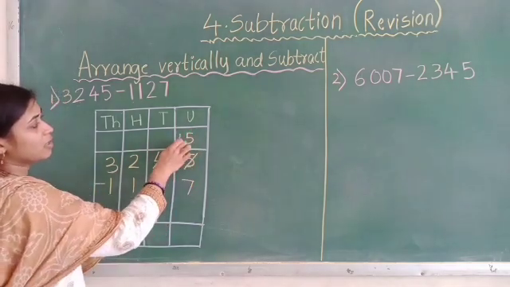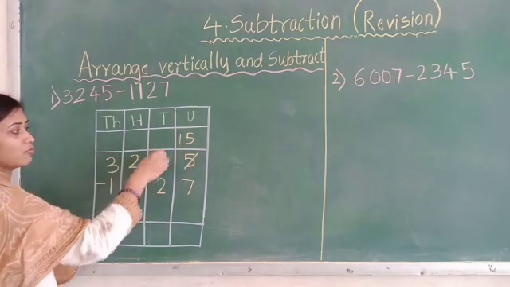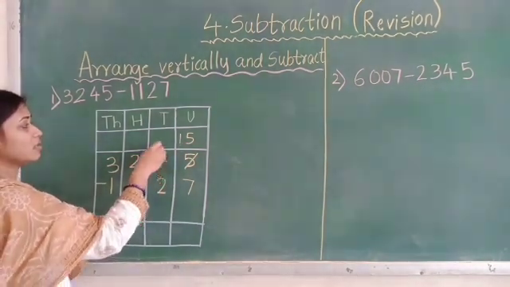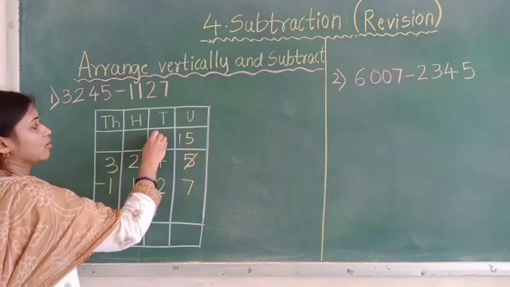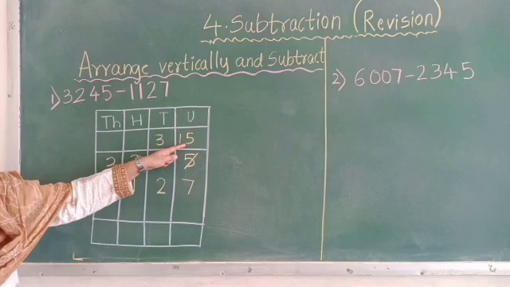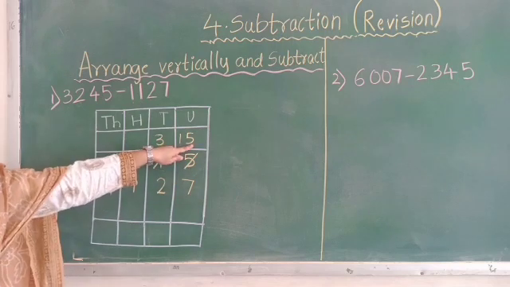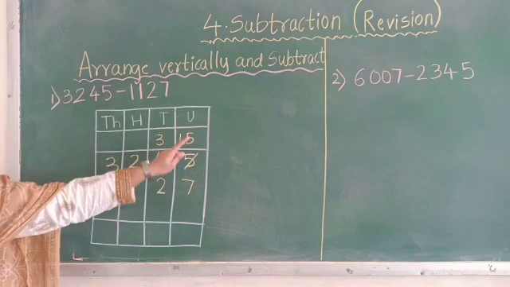Now this has become 15. And after taking 1 ten from 4, what will remain in this place? 4 minus 1 is 3. We have taken 1 ten from 4 and now it has become 15 units.